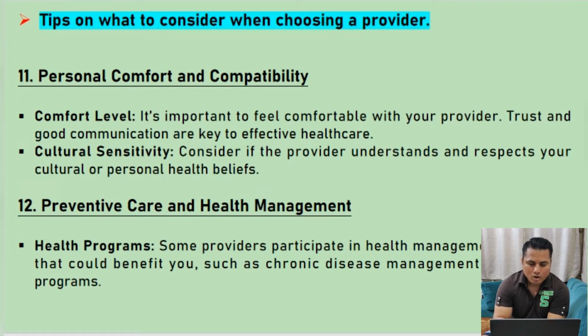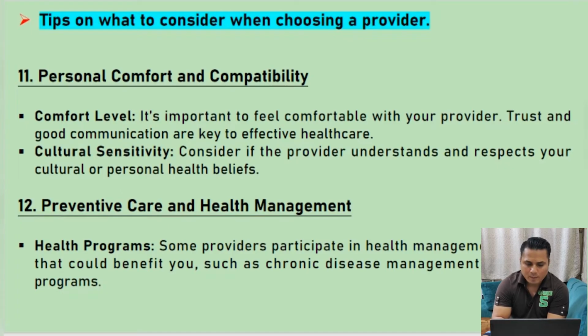Number eleven, personal comfort and compatibility. Comfort level: it's important to feel comfortable with your provider. Trust and good communication are key to effective healthcare. Cultural sensitivity: consider if the provider understands and respects your culture and personal health beliefs.